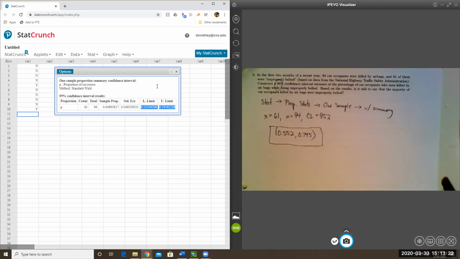Okay, so to interpret this interval, we would say we are 95% certain that the true percentage of car occupants who are improperly belted when they are in a car accident is somewhere between 55.2% and 74.5%.